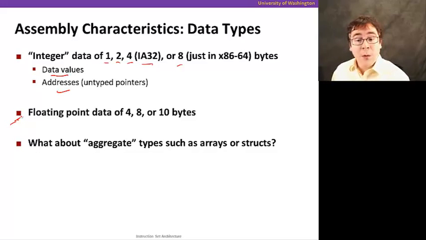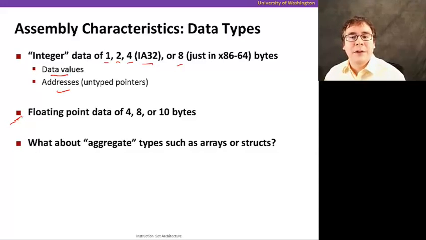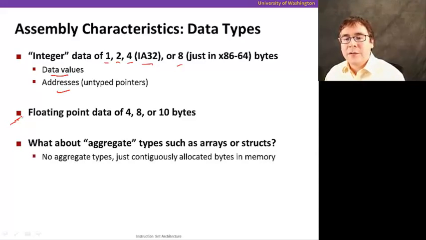Now, what about aggregate data types in assembly? Is there such a thing? No. For assembly, memory is flat and there's no notion of arrays. You have to implement it by hand, by laying out the data in memory properly and then accessing it in a way that makes it look like an array.